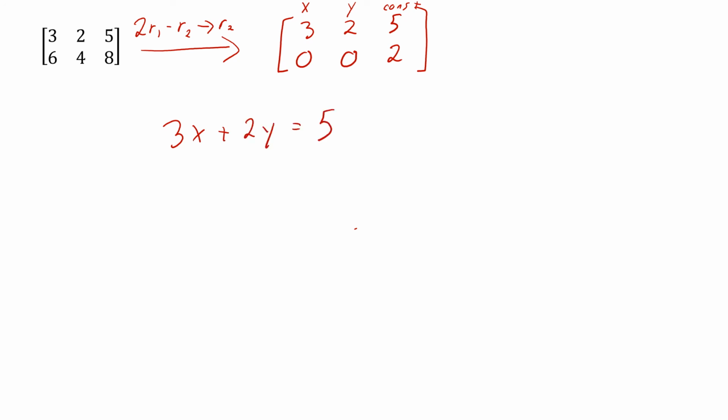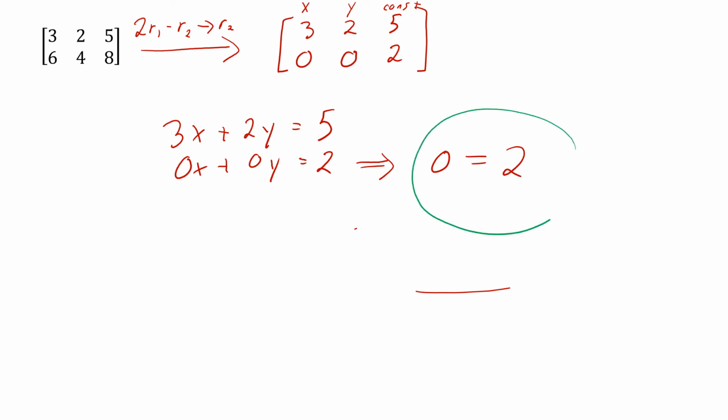My second row tells me that 0x plus 0y equals 2. Uh-oh. That means that 0 equals 2. That is a problem, because we know that 0 is not equal to 2. This is an example of a system of linear equations that has no solution or is inconsistent.